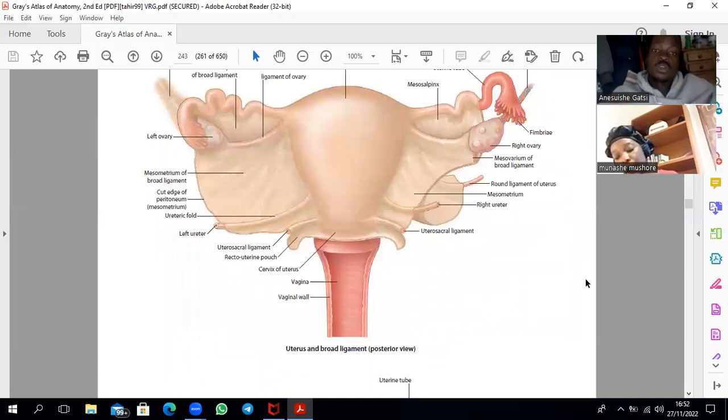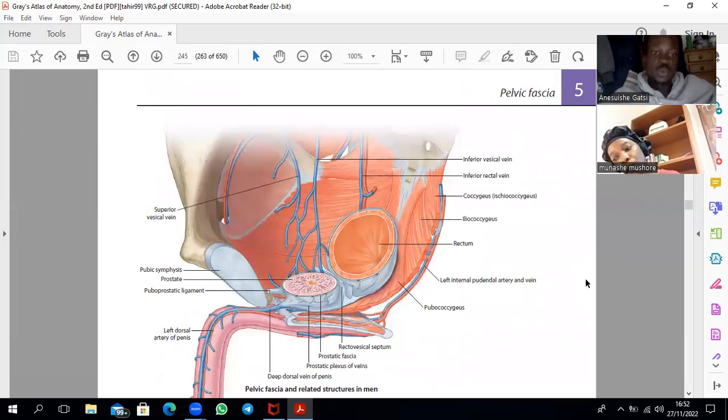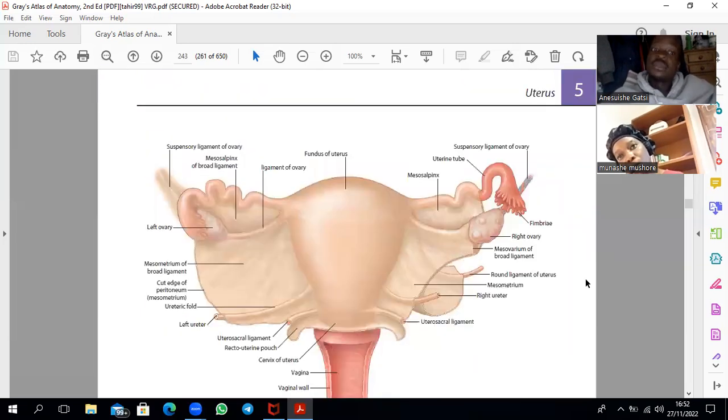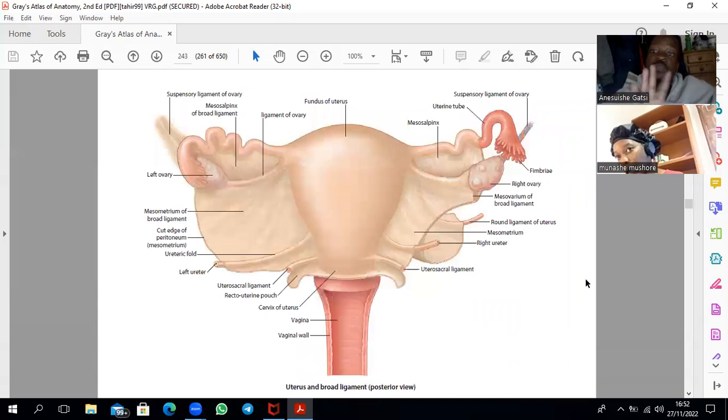There's no good diagram, but the bad thing with the blood supply to the uterus is that it crosses the ureter. So there's a mnemonic that says water under the bridge. The ureter is carrying water, basically urine, and the bridge is the artery.